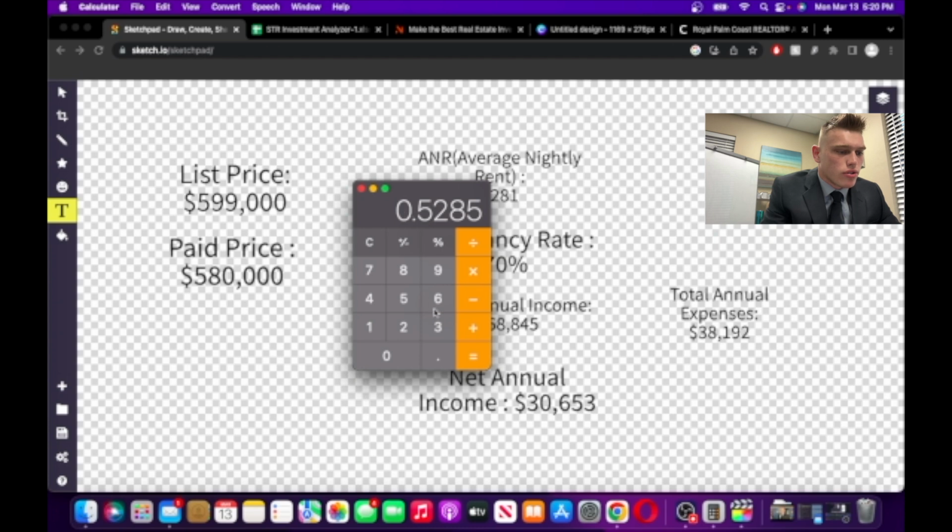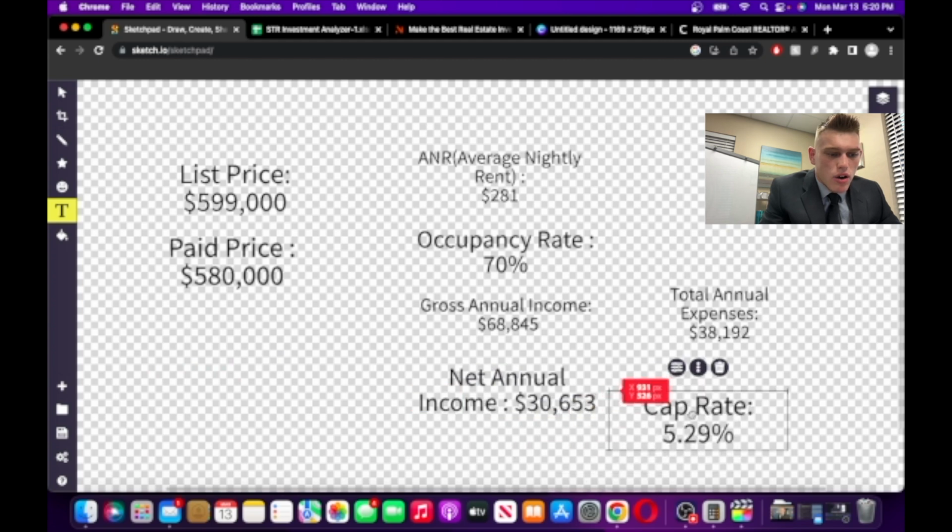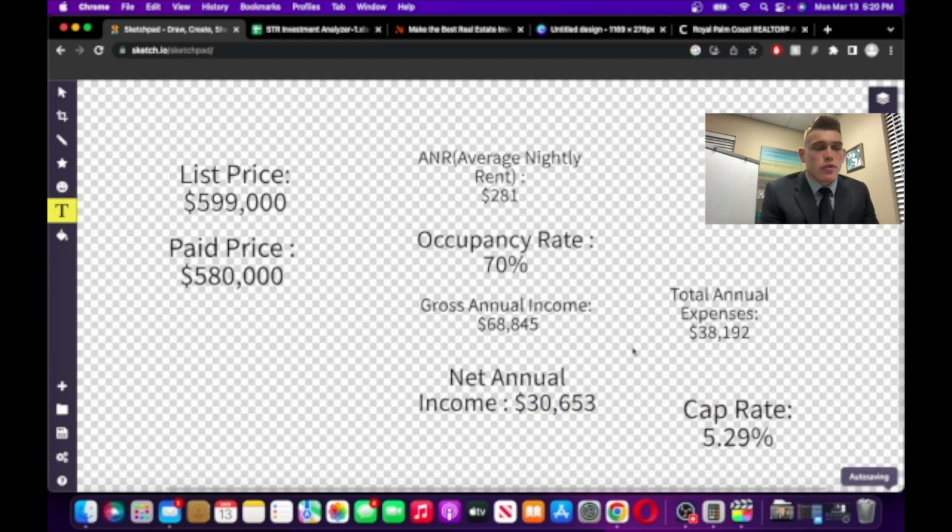And you're going to get 30,653 divided by 580,000. And you're going to get about 5.29%. So you're going to just round this decimal place over to get a 5.29% cap rate here. 5.29%. Boom.